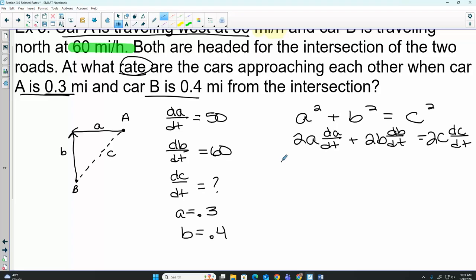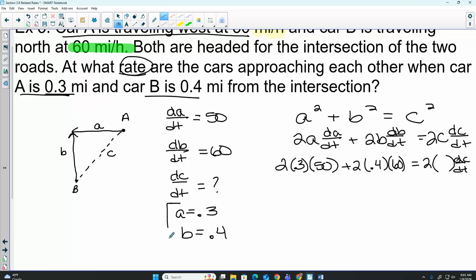Okay, so if I plug in, I know my a, I know my dA/dt, B, dB/dt. Okay, I don't know C, and dC/dt is the thing I'm trying to find. So I need to figure out what C is. How would we do that? Yeah.